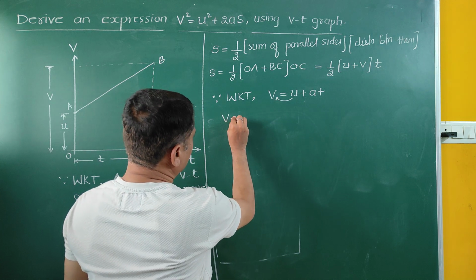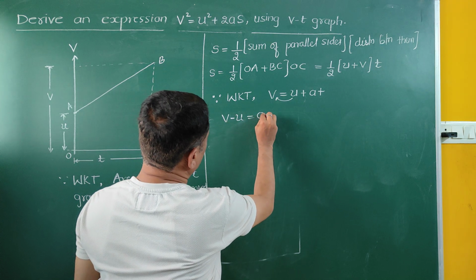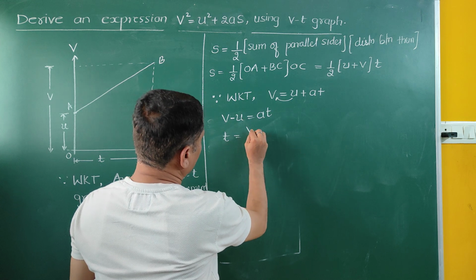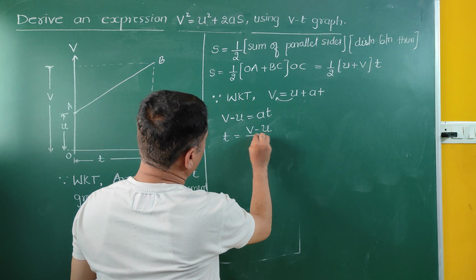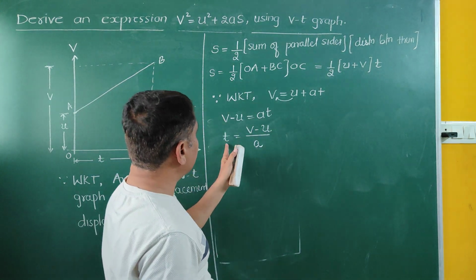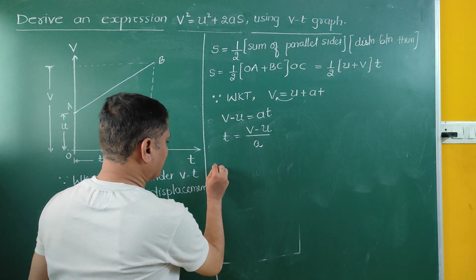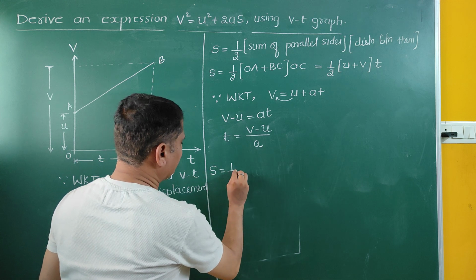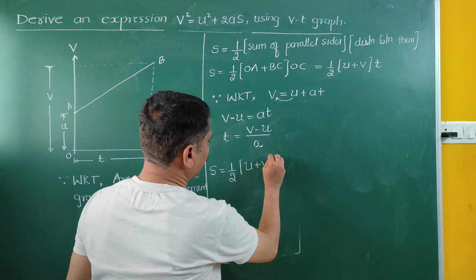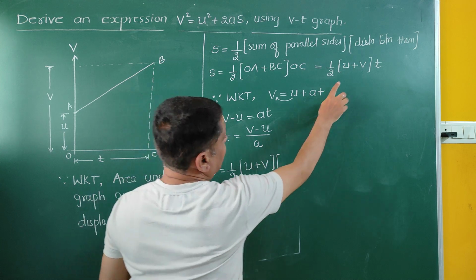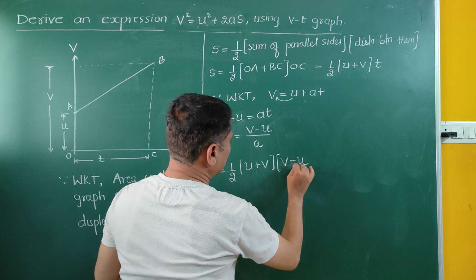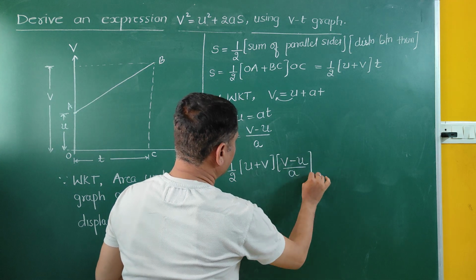Then V minus U is equal to AT, or T is equal to V minus U by A. Now we have to substitute this in this expression. S is equal to half in brackets U plus V, bracket closed. Instead of T, I can write V minus U by A.